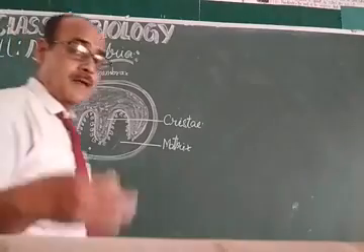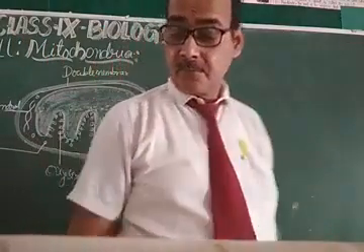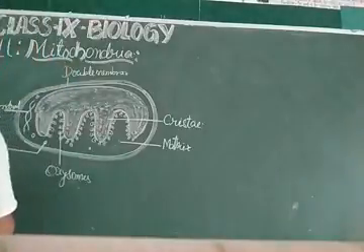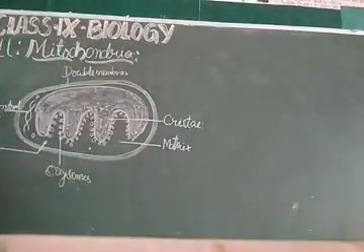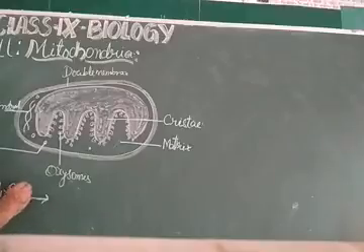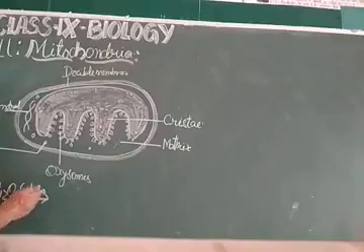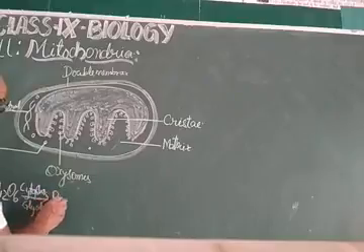My dear students, now what happens in the mitochondria? When glucose, C6H12O6, comes into the cytoplasm, glycolysis takes place and pyruvate is formed.